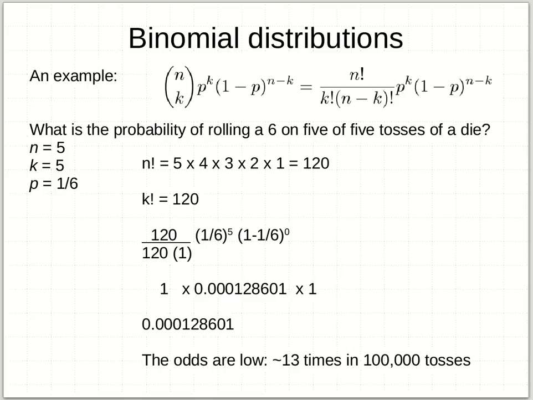It would take about 100,000 tosses before I could observe that happening 13 times. I would get 13 events of rolling 5 times in a row where I get a 6 every time in 100,000 tosses. The chances of it happening once are pretty low odds. So I don't think I'm going to be putting bets on that one at the casino. That's not something that's going to come up very often.